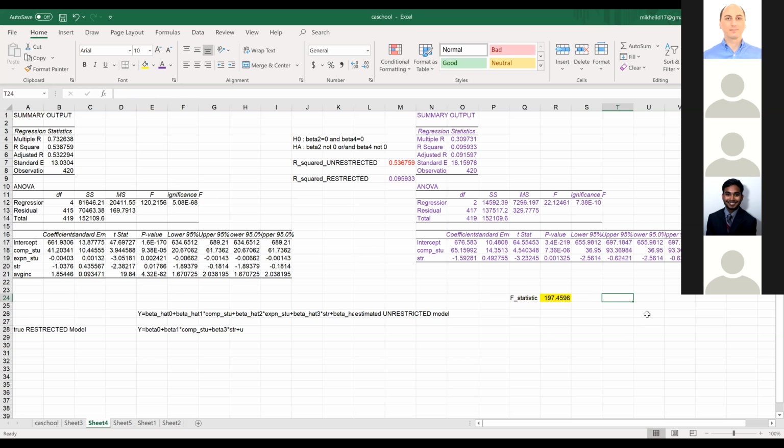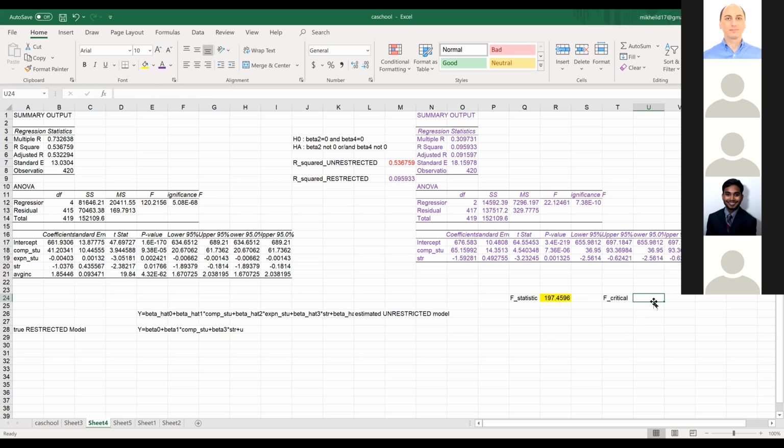But then we need to compare this to the F critical, right? Right. How do we obtain F critical? Sorry, what is it divided by again for F stat?